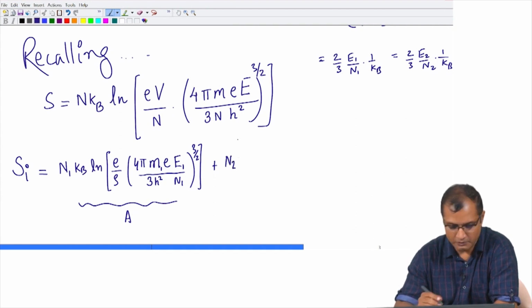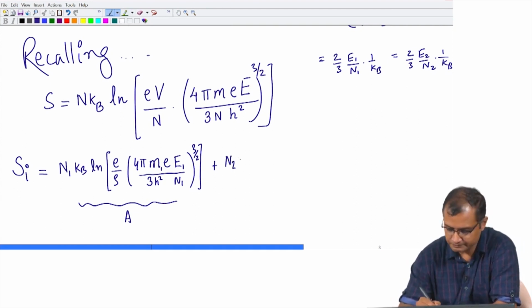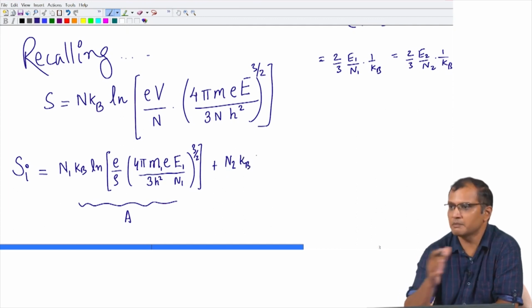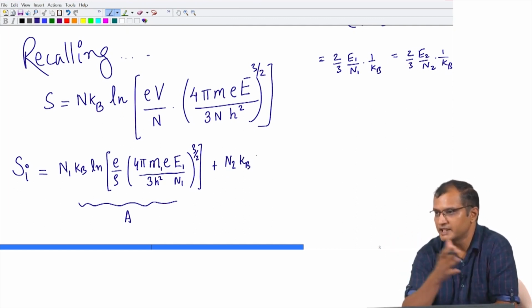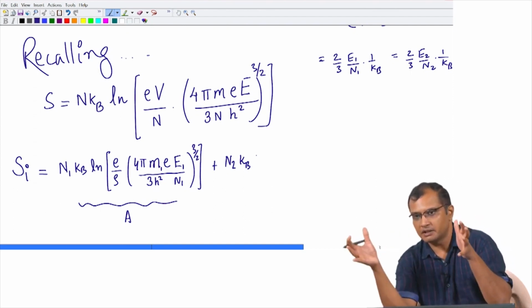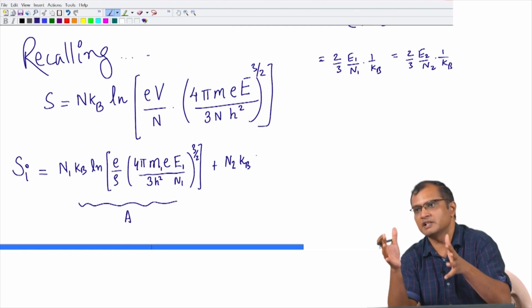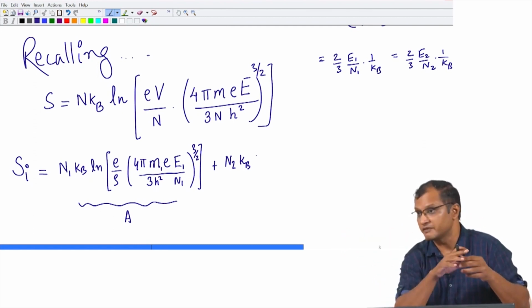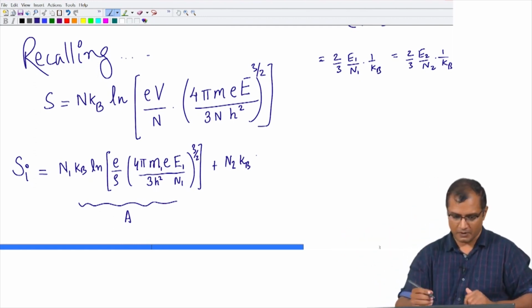Plus N2, because the compartment volumes could be different. So, we are taking A type in both the compartments, the compartment volumes could be different, which means the number of particles in the two compartments may be different because we are keeping density the same.